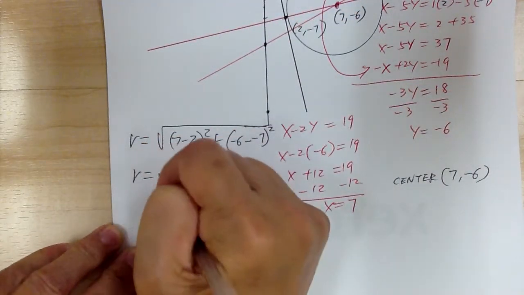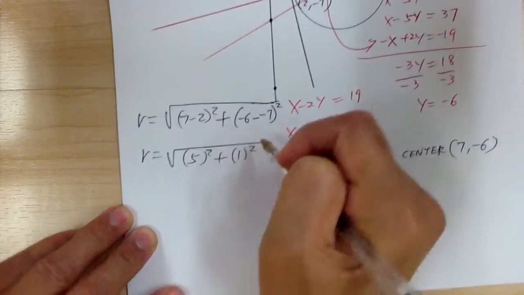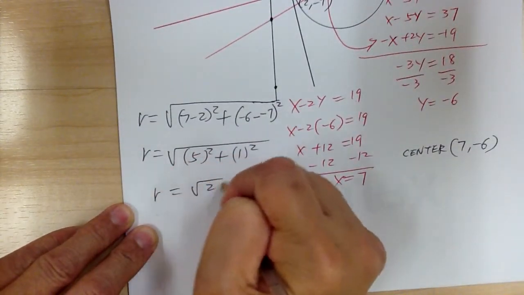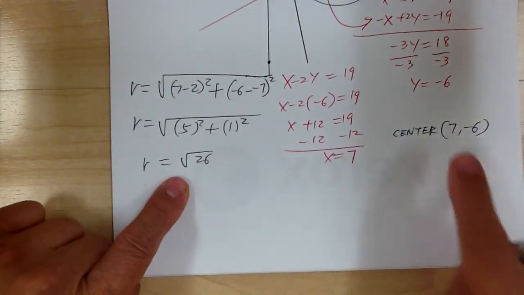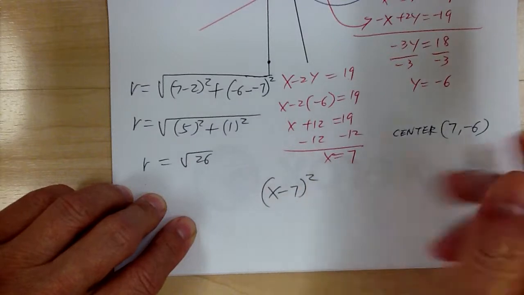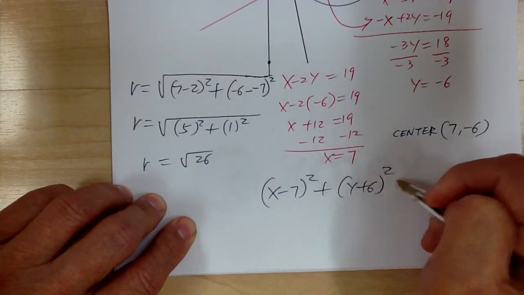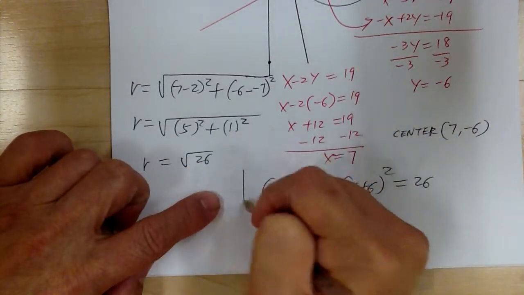So the radius is going to be equal to 5 squared plus 1 squared. So radius equal to square root of 26. So now you got center, you got radius, you can write your equation. So it's going to be x minus 7 squared plus y plus 6 squared equal to 26.